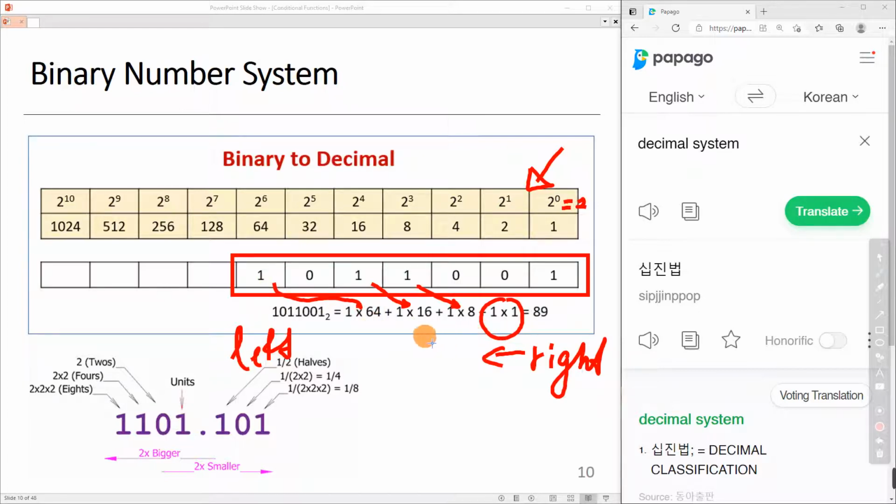If you add 64, 16, 8, and 1, you will get 89. So the number 1011001 in a binary system, where we use 2 in subscript. This is subscript again. I already told you this term, subscript.